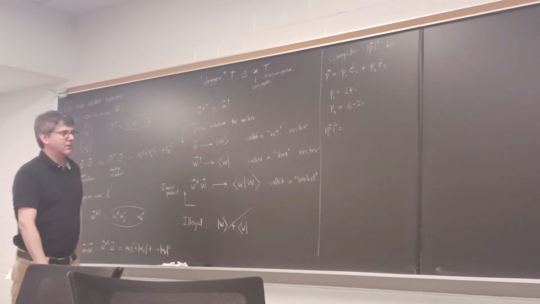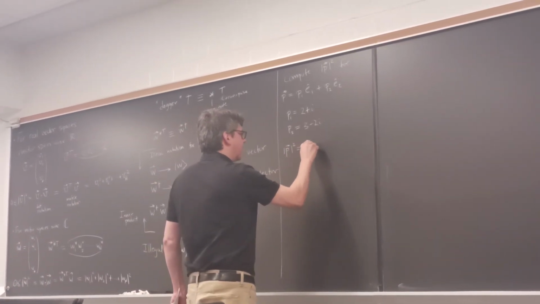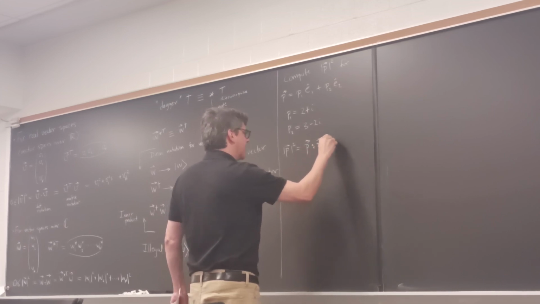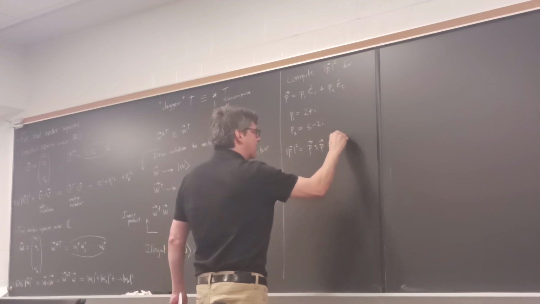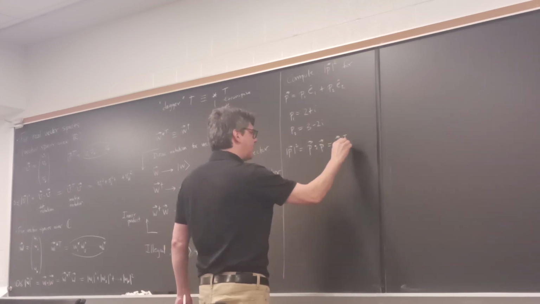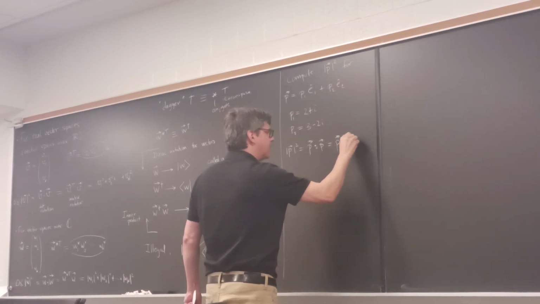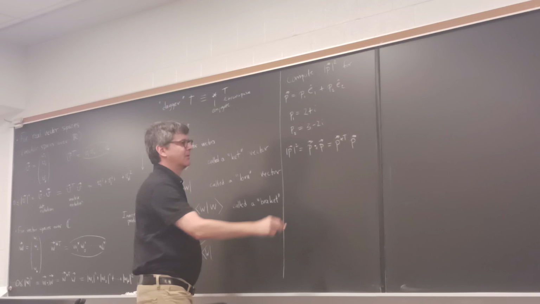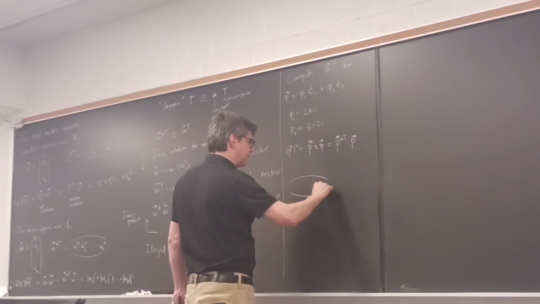So I have to use P with the complex dot product there, which means I have to do P conjugate transpose times P in matrix notation.